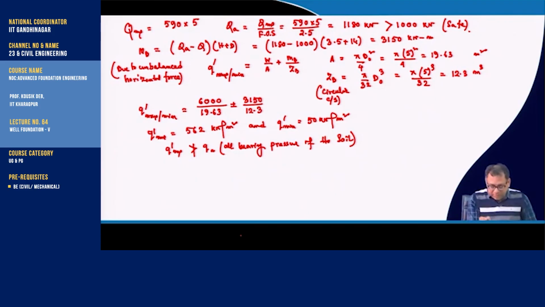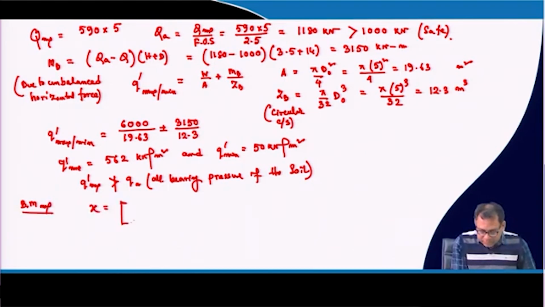To calculate the maximum bending moment, we have to determine the x value. For BM max, the maximum bending moment, x is the square root of 2 q f divided by gamma dash L into Kp minus Ka, to the power half.